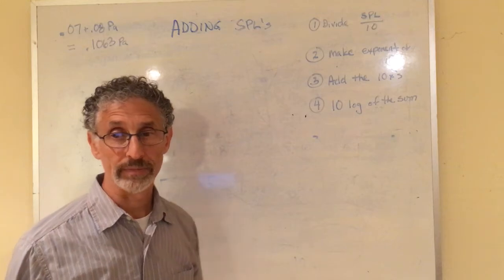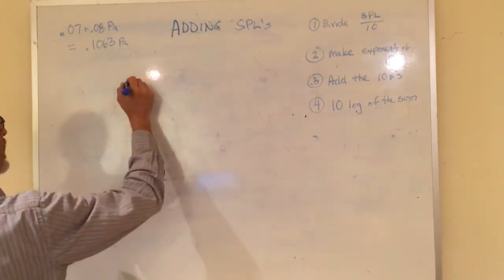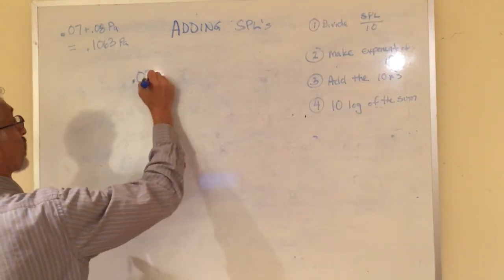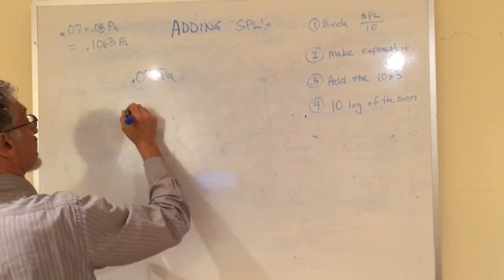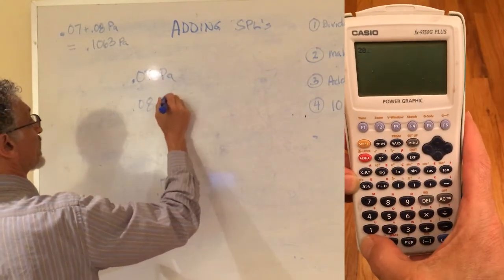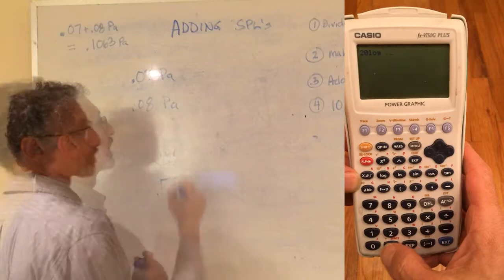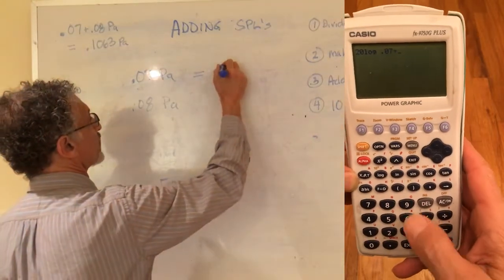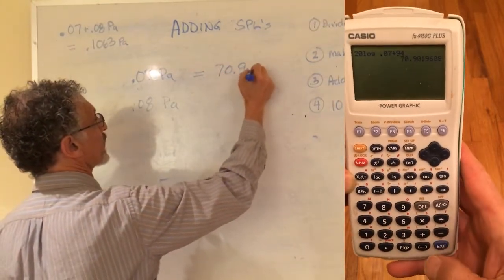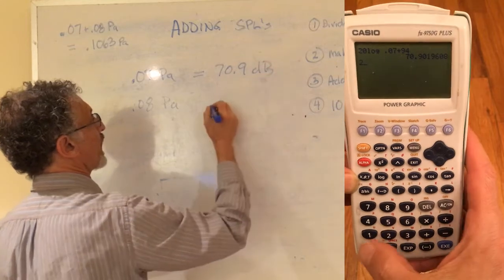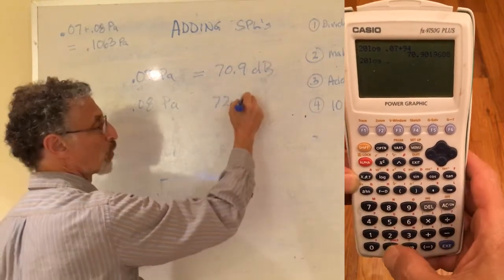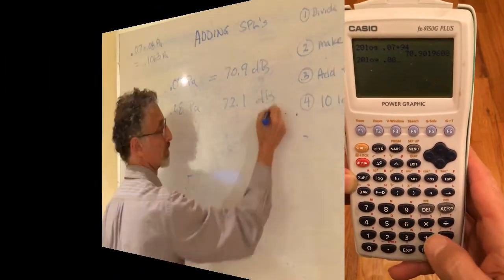Let's do an example. Let's convert the two numbers that we had before, 0.07 pascals and 0.08 pascals, into SPL. If we do that, this is 70.9 dB, and this is 72.1 dB.